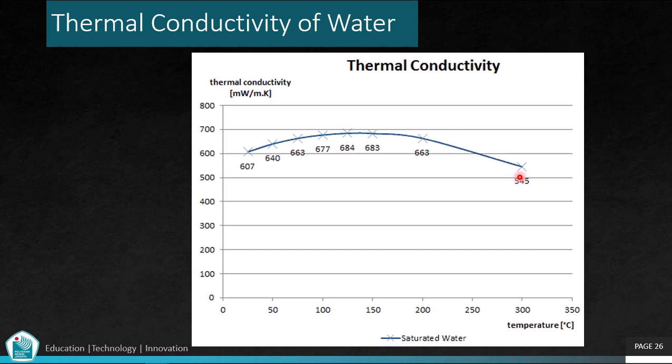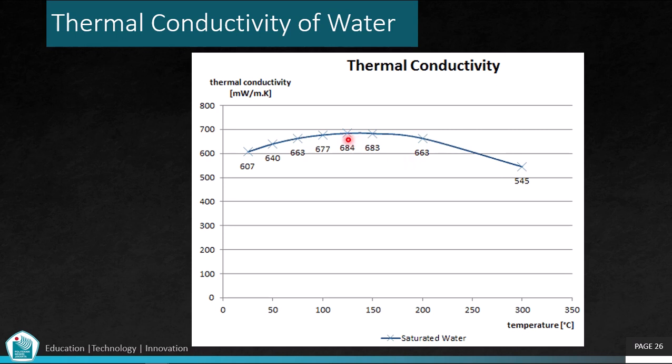So this is called the saturated water. At 300 degrees C, the pressure is not atmospheric pressure, of course. We need to increase the pressure, but in this figure we cannot see the pressure point, so you need to see the steam table.